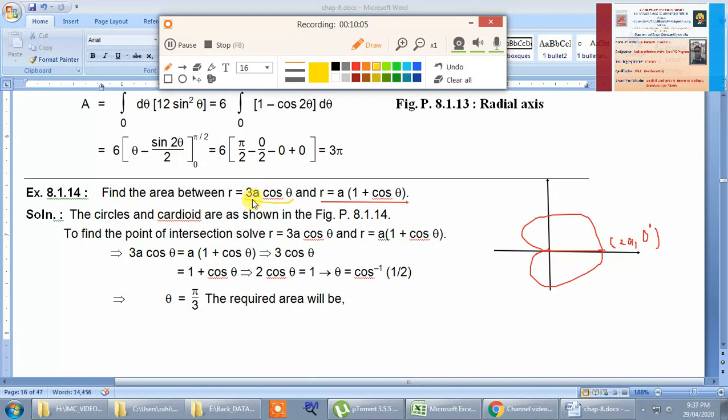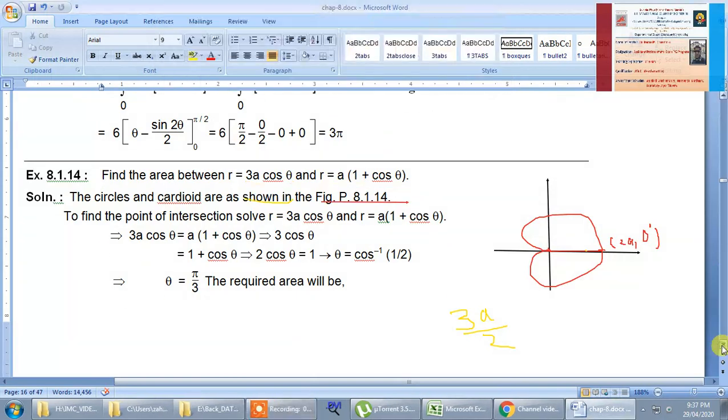The constant here is 3a, so it is a circle with radius 3a divided by 2. The center is on the initial line, 3a by 2 means 1.5, somewhere here. So you will have a bigger circle like this.